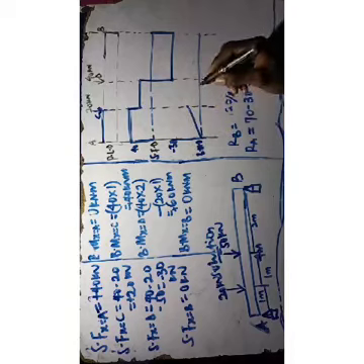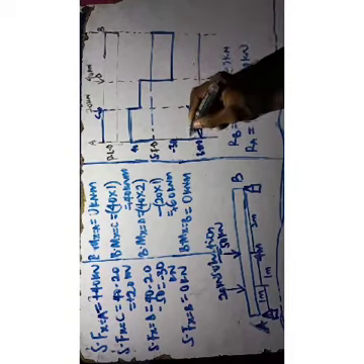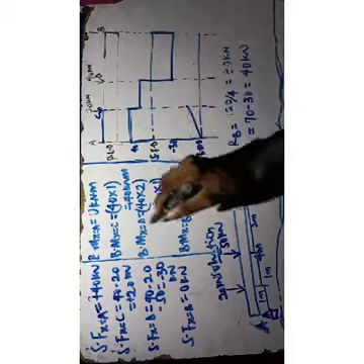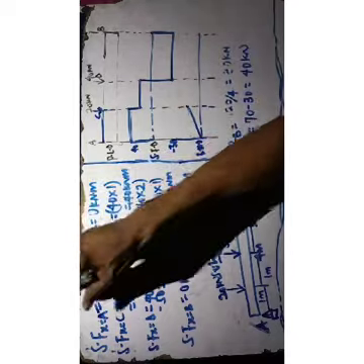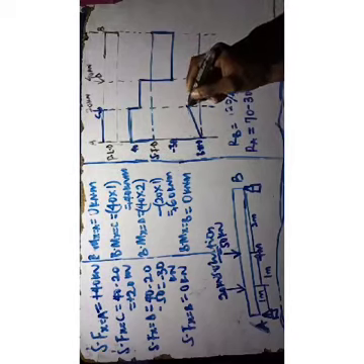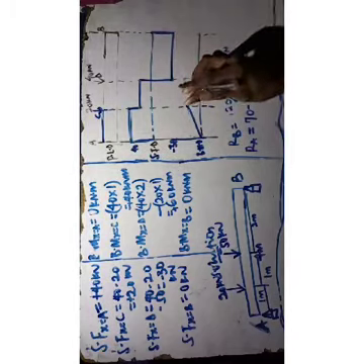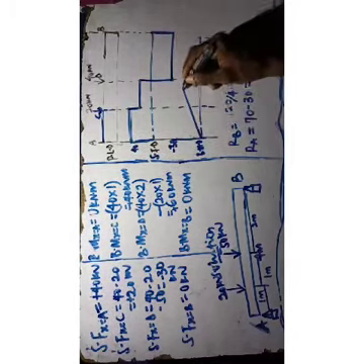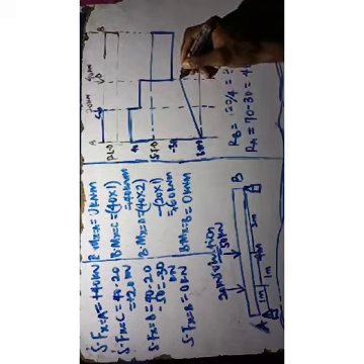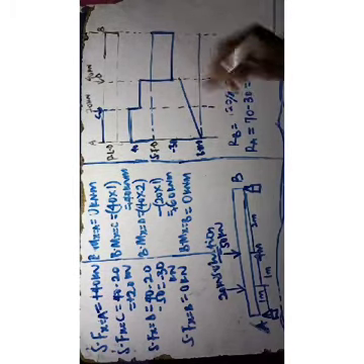From 40 here, at point D it is 60. So at point D is 60, that will be like this, from 40 to 60.